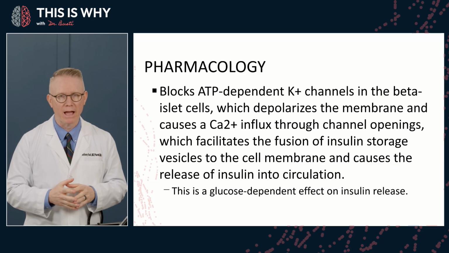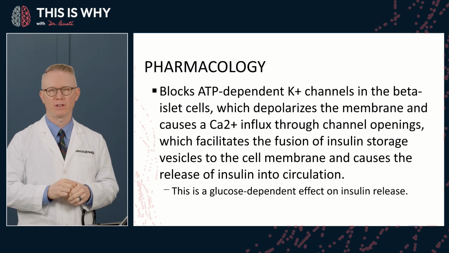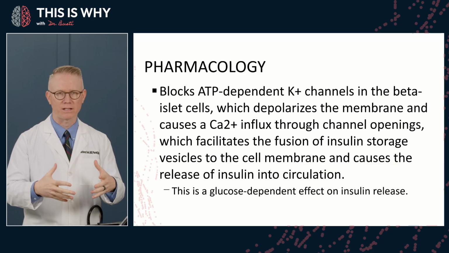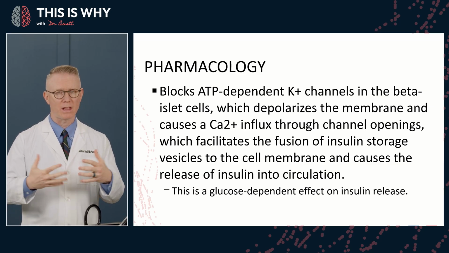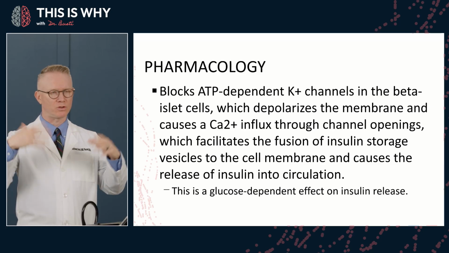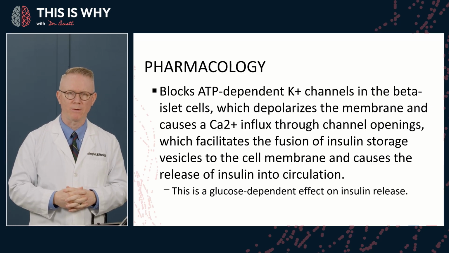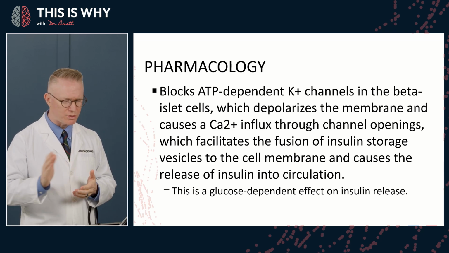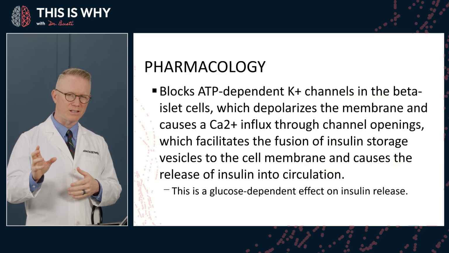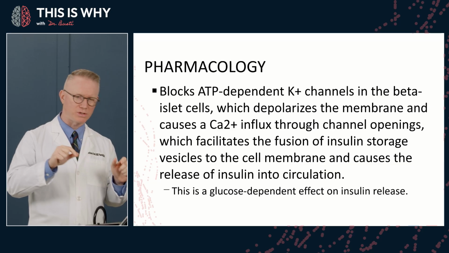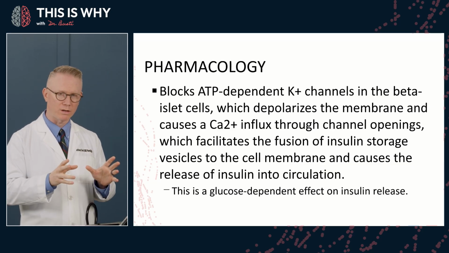It does that by causing a depolarization of the membrane, which causes calcium influx. Calcium is necessary for vesicles or storage granules to merge with the cell membrane and be released. That's true also in the central nervous system and other places as well. And so we are facilitating that secretion of insulin from inside those cells and out into the environment in a glucose-dependent manner. And that's important.